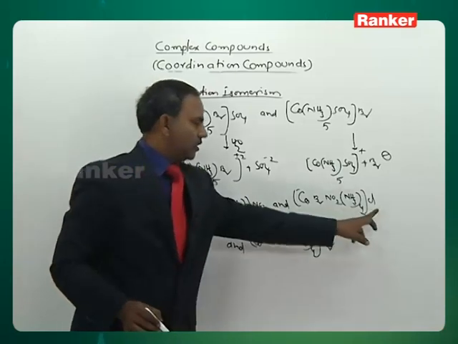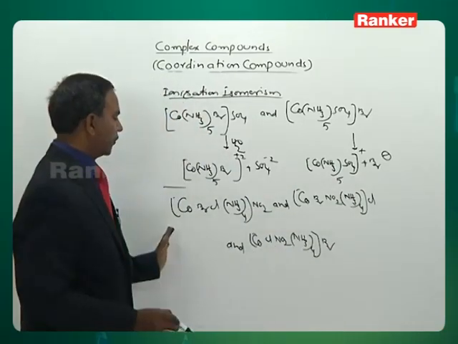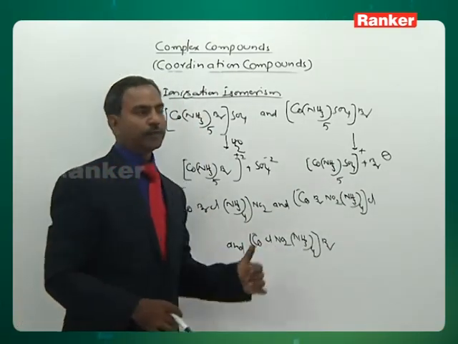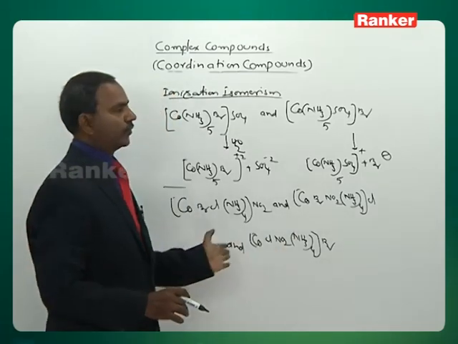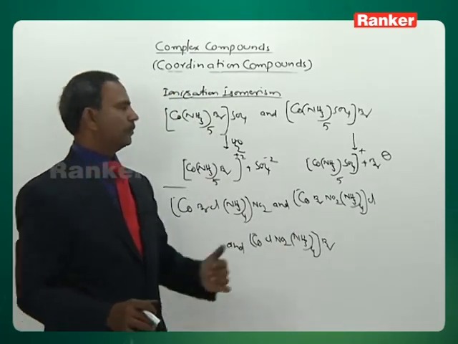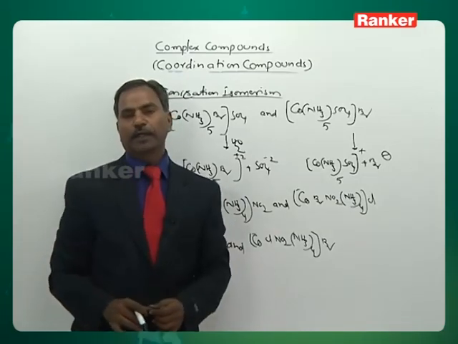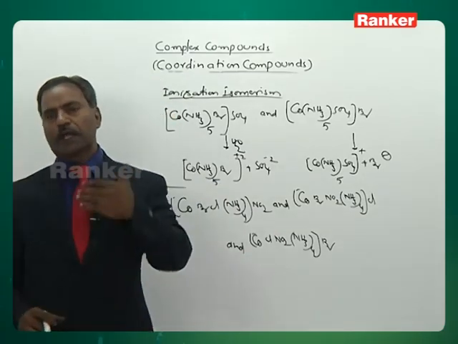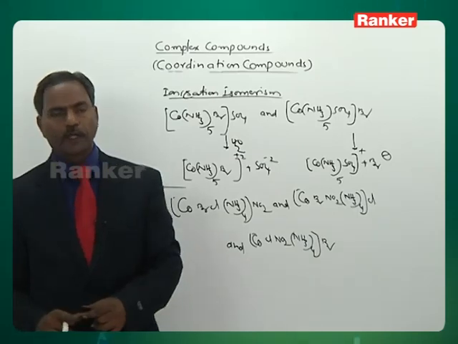So NO2 outside, Cl outside, Br outside: three different types of ligands, three isomers we are able to write. This is ionization isomerism, and these are all ionization isomers. Coming to the next type, hydrate isomerism.